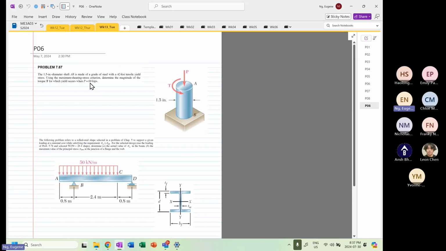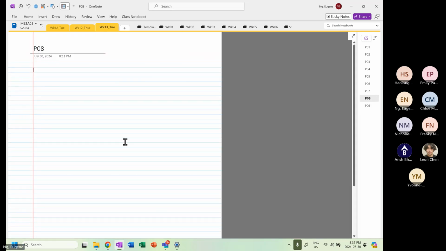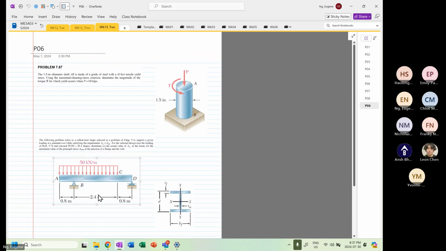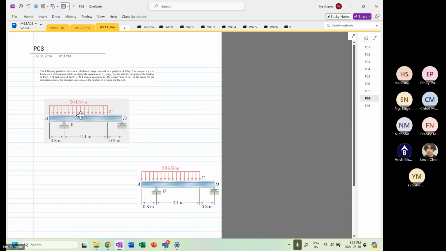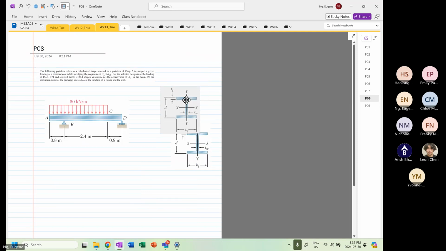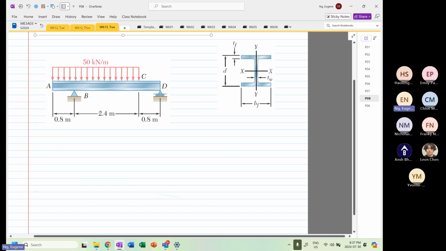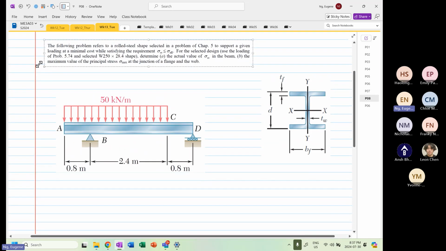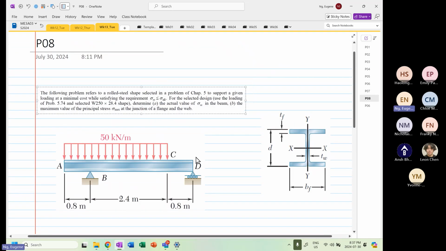Okay, so we're going to look at this structure over here. This is our example number 2, or not example number 2.